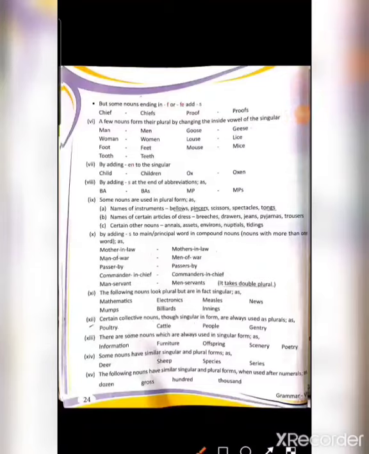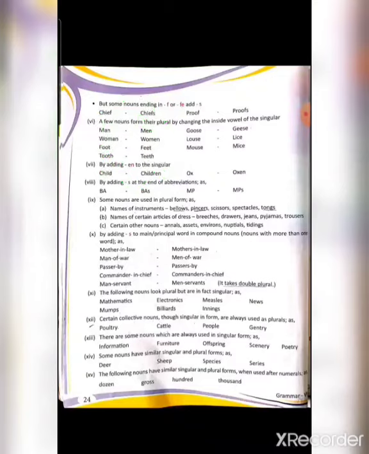Next rule, a few nouns form their plural by changing the inside vowel of the singular. First ones are man, woman, foot, tooth, goose, louse, mouse. So these kinds of words are those in which the inner vowel is changed, like MAN. So A is changed. Tooth, so double O is changed.